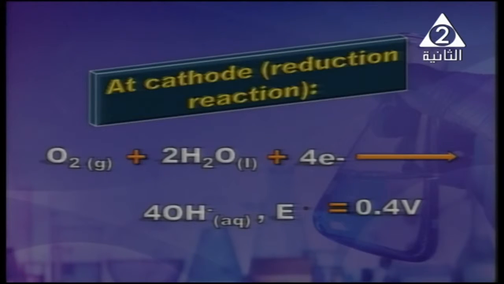At the cathode, a reduction reaction takes place: O2 plus 2H2O, which comes from the electrolyte, plus 4 electrons, which come from the anode, gives 4OH negative aqueous, and the potential at the cathode equals 0.4 volt.